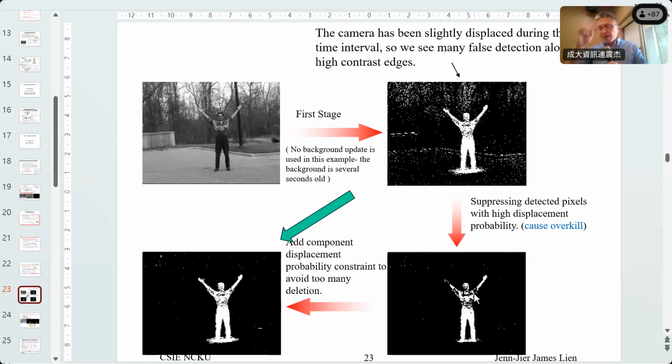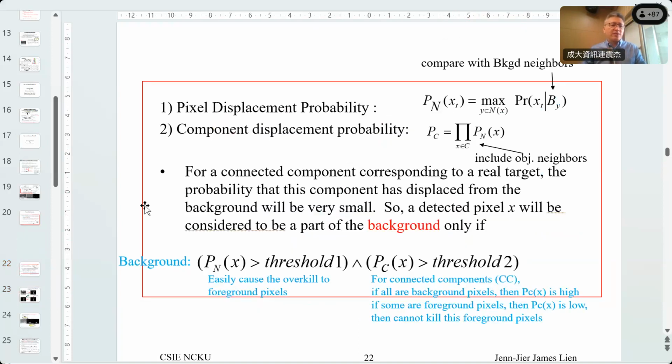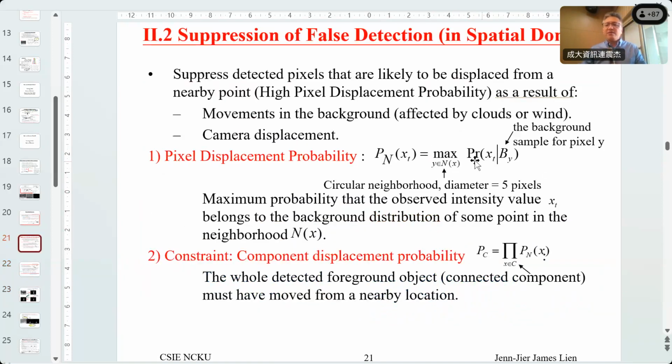Sometimes you think about local maxima problems or non-maxima suppression problems. The second, you should consider the neighbor information. Both methods are important. One is to find the non-maxima suppression.